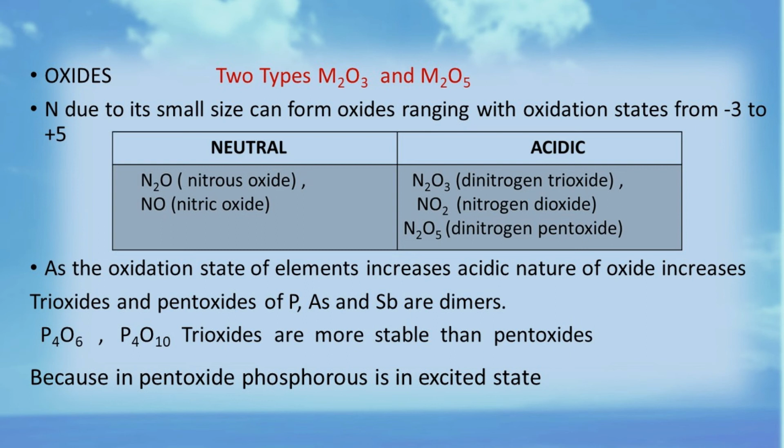That is because in pentoxide, the phosphorus is in an excited state. Both trioxides and pentoxides of phosphorus, arsenic and antimony exist as dimers. These are some of the important points of oxides.